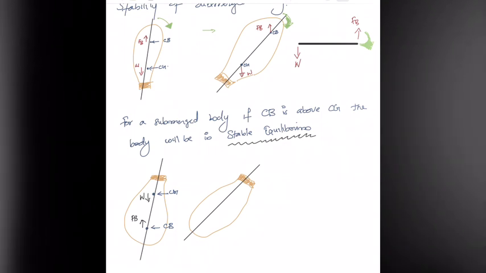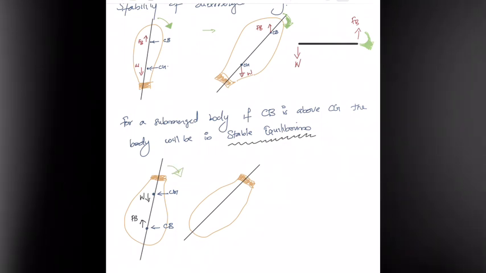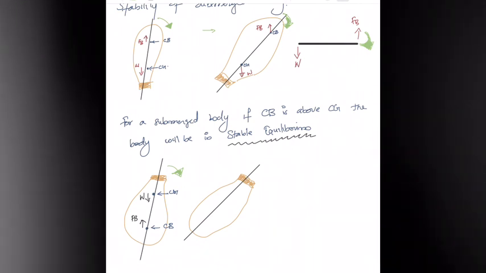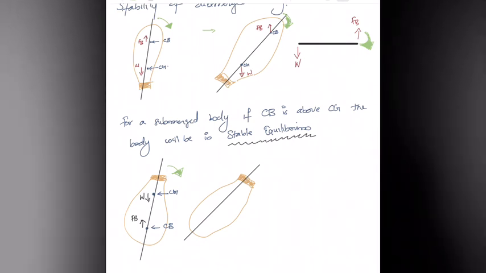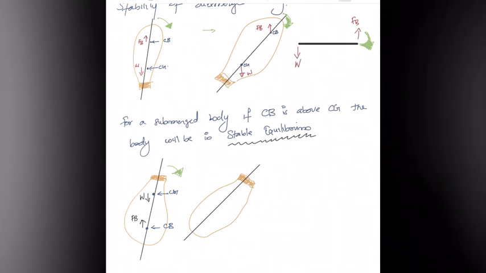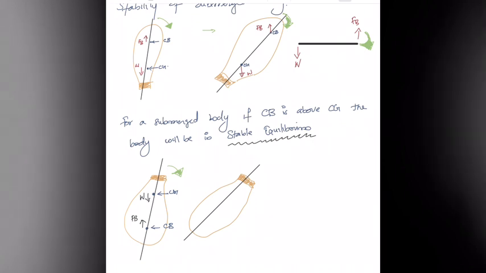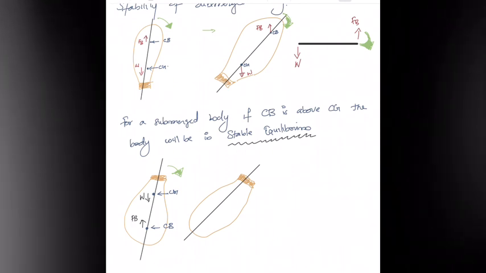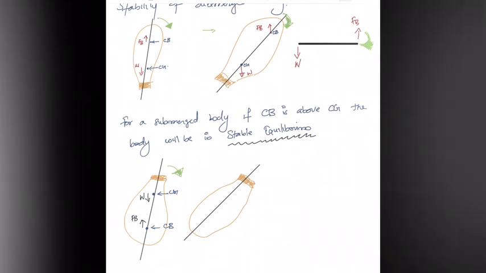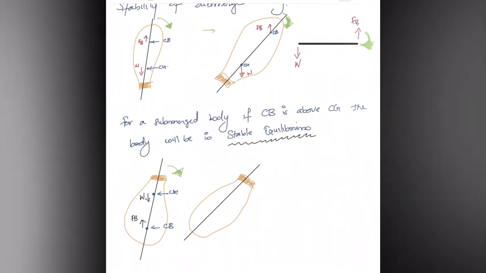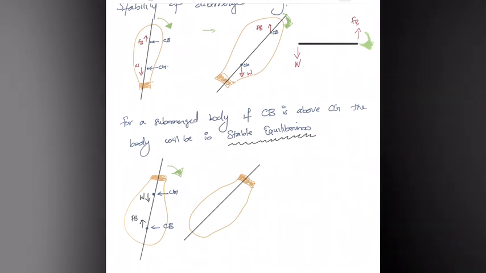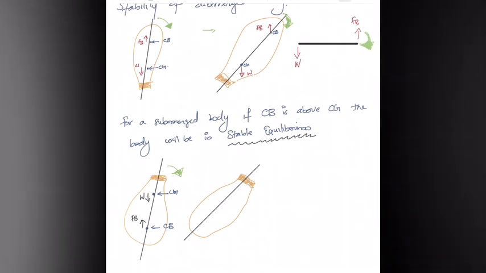Once again, we are going to give an angular displacement, and due to this angular displacement a tilt happens to the initial state. Initially the balloon was straight, and due to this angular displacement, the balloon tilts towards the right.